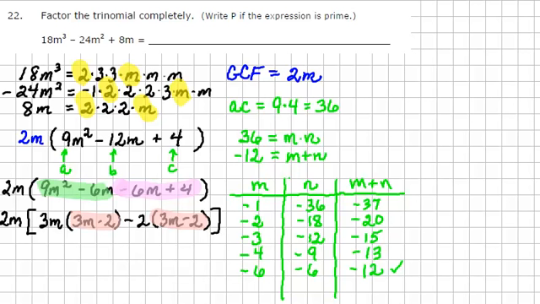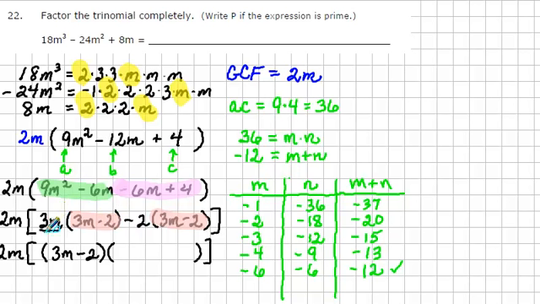So we have 2m, and then we pull out the 3m minus 2, and there are two terms, so we'll put a set of parentheses, and inside of that parentheses we need to put two terms.